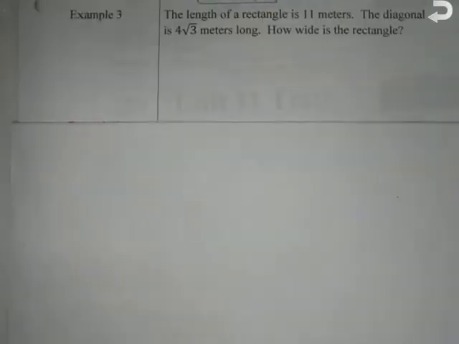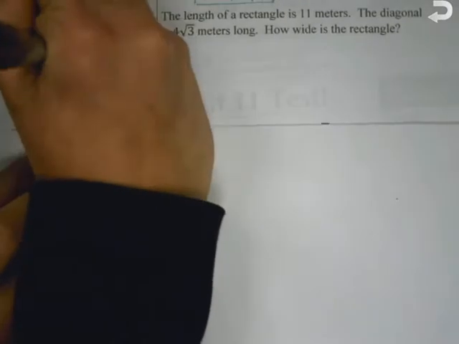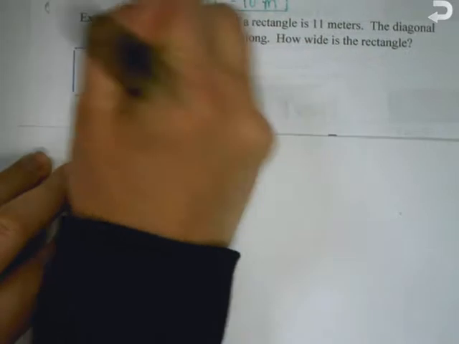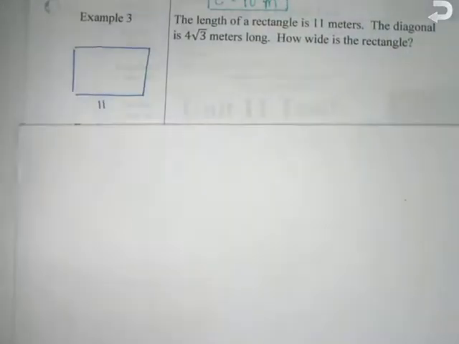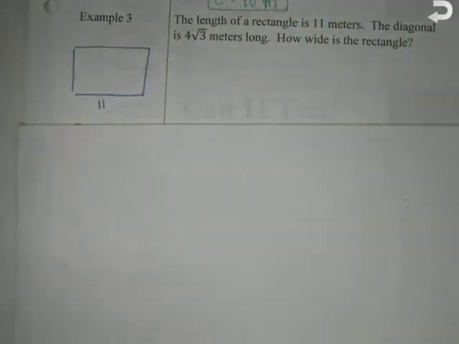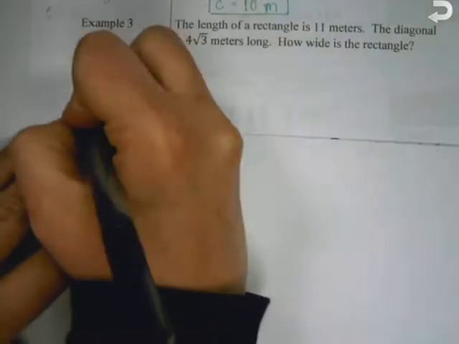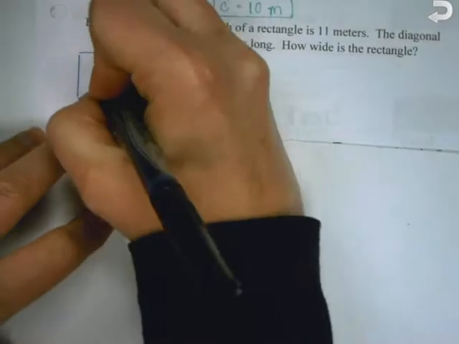The length of a rectangle is 11 meters. So the first thing I'm going to do is draw a rectangle. The length is 11 meters. The diagonal is 4 root 3 meters long. So let's draw the diagonal, and it's 4 root 3.